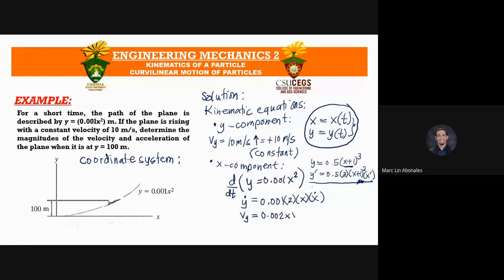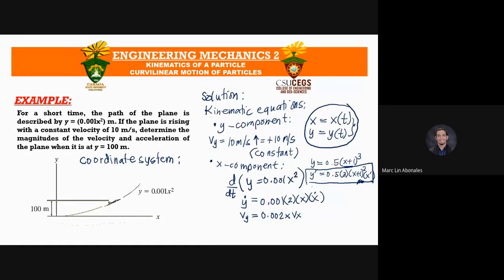Are you familiar with this example, y is equal to 0.5 x plus 1 cubed? Are you familiar with that? Yes, sir. How about the product rule or quotient rule? Do you still remember the product and quotient rule?